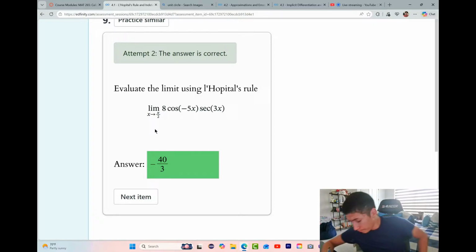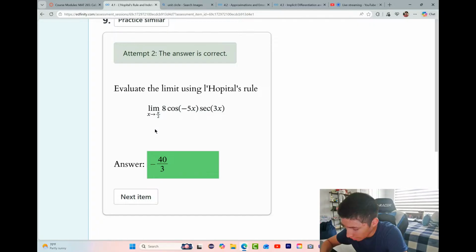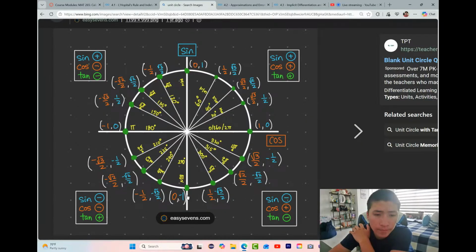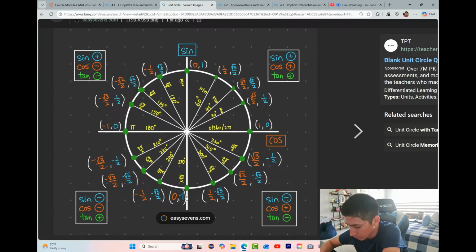So cosine of negative 5 pi halves is 0. So we get 0 over cosine of 3 pi halves. What's 3 pi halves? Right there. Cosine of that is 0. So we get 0 over 0.